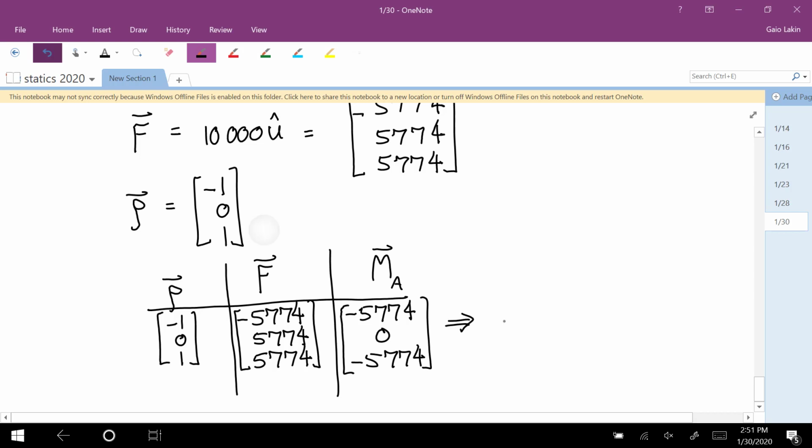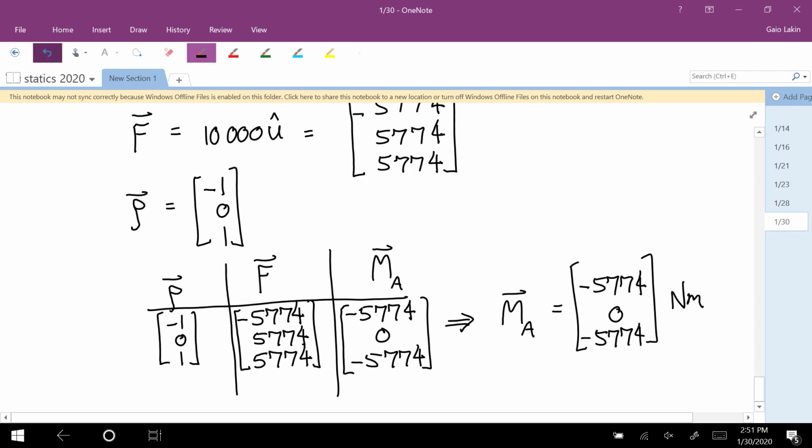So that cable applies a moment about A of -5774, 0, -5774, and the units are Newton meters.